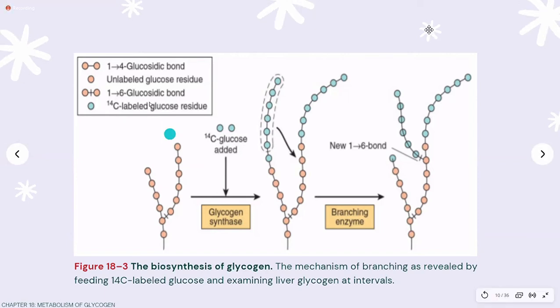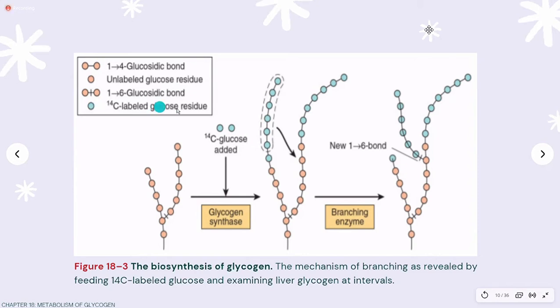Okay. So if you see this 1,4 linkage, and if you have a cross there, that is 1,6 linkage. This colored glucose is labeled glucose residue.